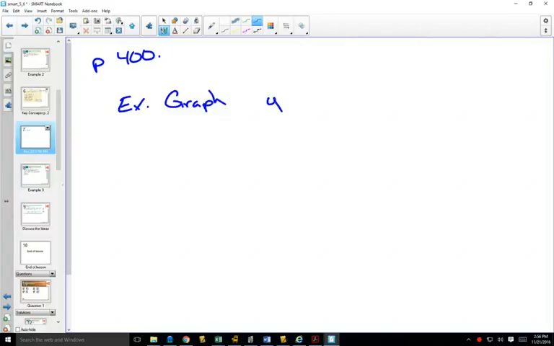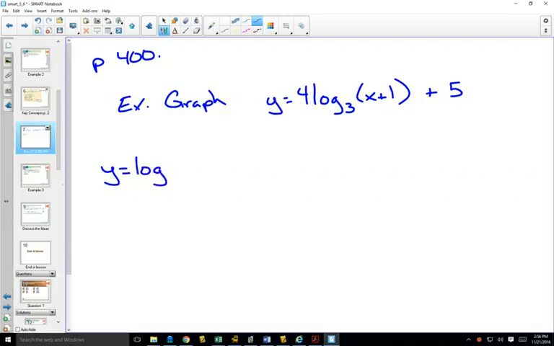Graph y equals 4 log base 3 of (x plus 1) plus 5. So the first thing we need to do, just like when graphing exponential functions, is recognize what the parent graph is and draw a quick sketch of this. The parent graph of this one is log base 3 of x.